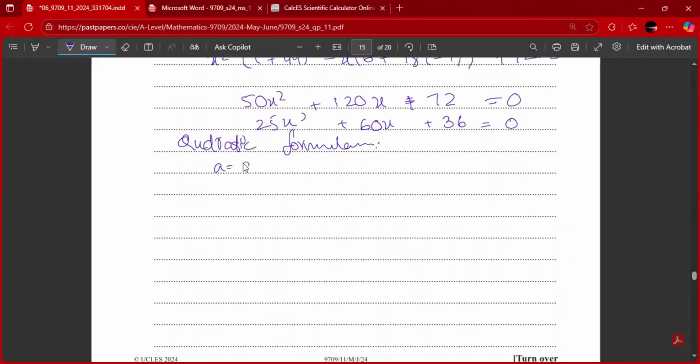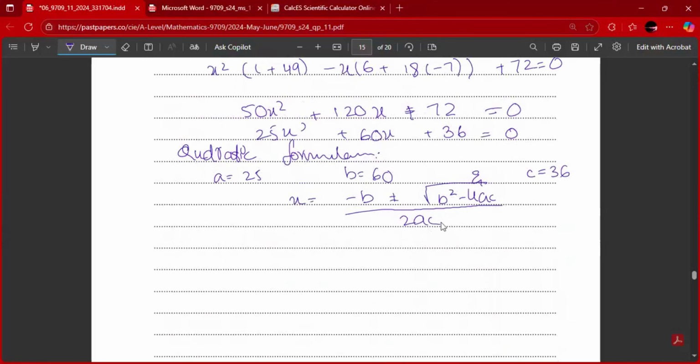A is equal to 25, B is equal to 60, and C is equal to 36. My x is equal to minus B plus minus the square root of B squared minus 4AC, divided by 2A. Not 2AC, it's just 2A.